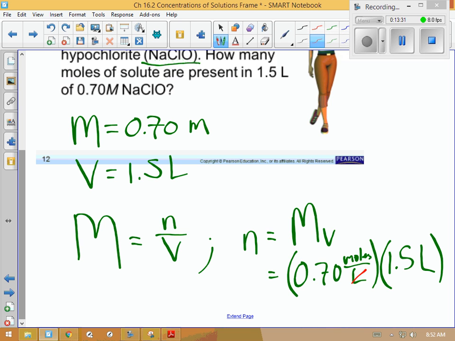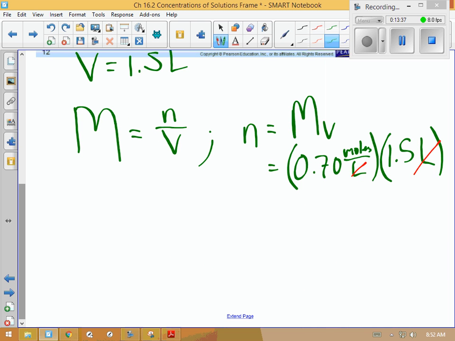The units of liters cancel, right? And all we're doing is multiplying 0.7 times 1.5. I bet it's going to be something like 1.05. Is that right? And do I have it in the right number of significant figures?